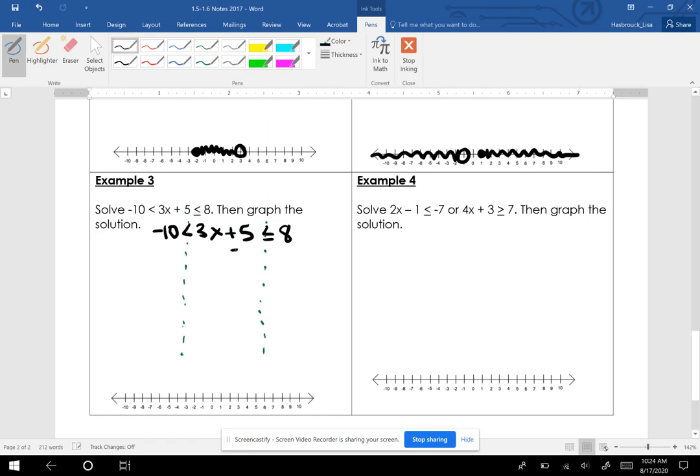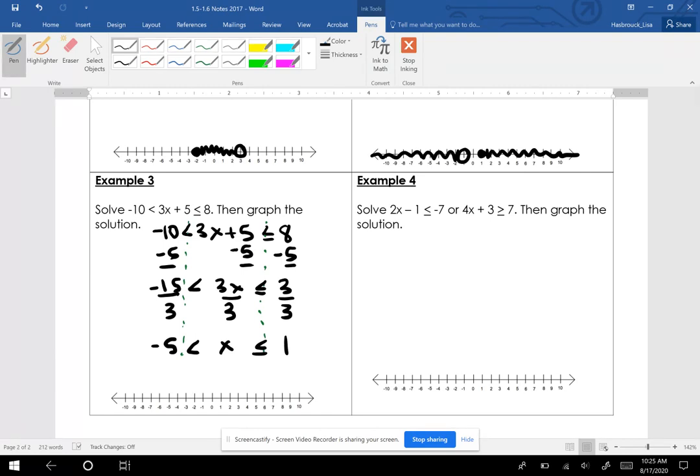To get x alone, I'm going to start by subtracting 5 in the middle, the right, and the left. I get negative 15 is less than 3x. It's less than or equal to 3. Now I divide everything by 3. So I get negative 5 less than x less than or equal to 1. And since x is now alone, we're done with the solving.